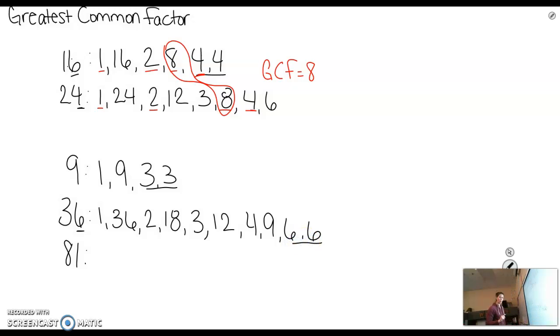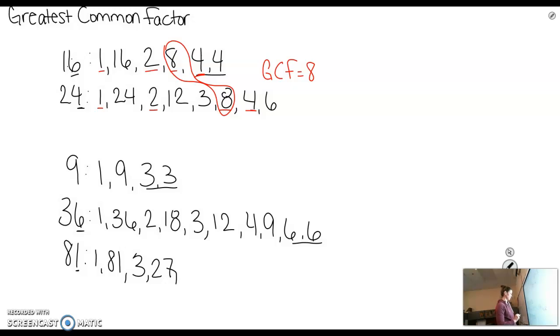Let's look at 81. We have 1 and 81. 81 is not even, so it's not divisible by 2. 8 plus 1 is 9, so we can do 3. And I think it's 3 and 27. And then 81 is not divisible by 4.